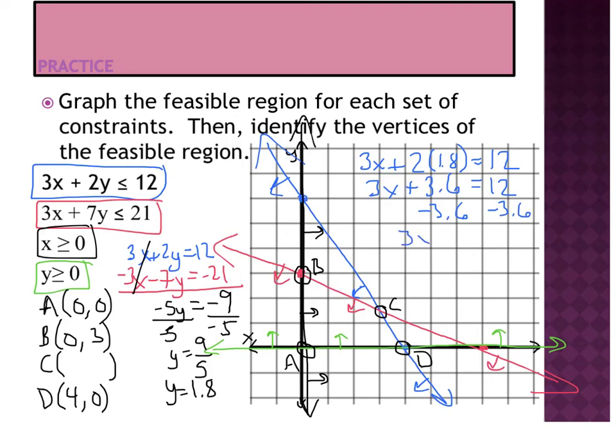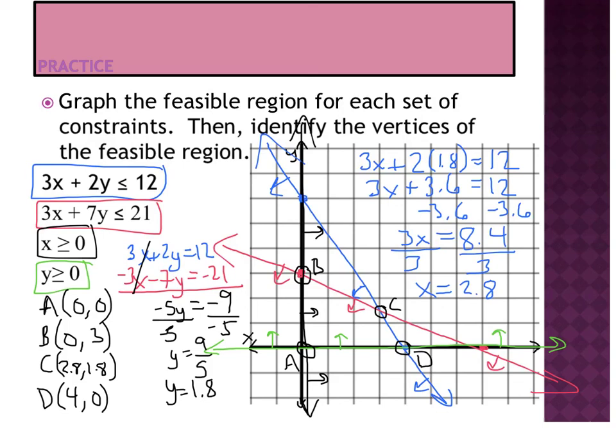So we'll have 3x equals 8.4. Lastly, we'll divide. And x equals 2.8. So my last point on the graph is going to be 2.8, comma, 1.8. So a bit of a nasty point there.